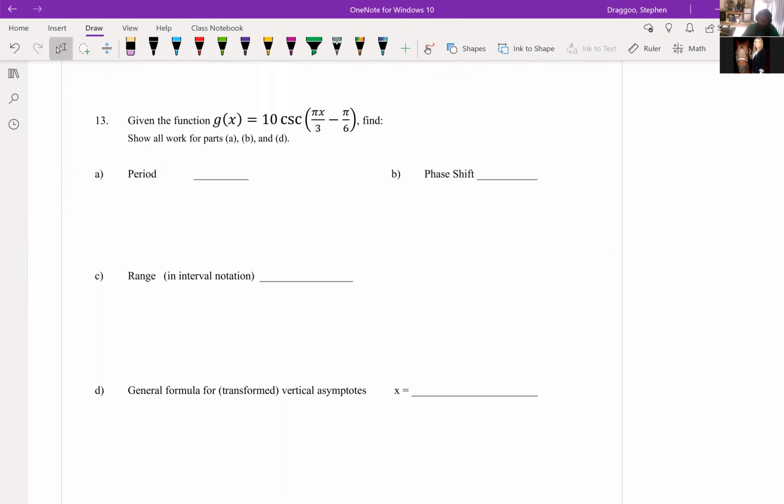And then I think in the last problem, we're going to have to actually put that into practice. Yeah. So given a cosecant function, find a bunch of stuff. Starting with the period, which will be 2 pi over pi over 3, which simplifies to 6. Next, I want the phase shift.